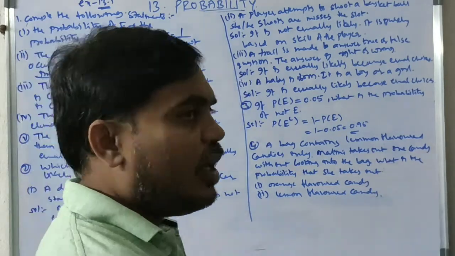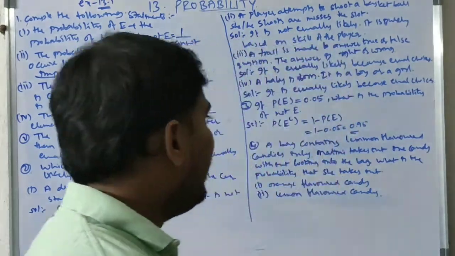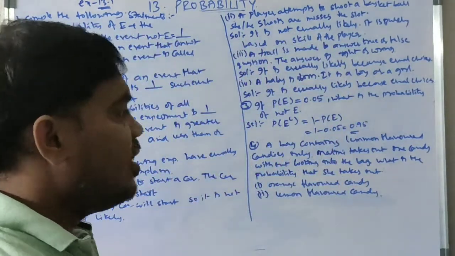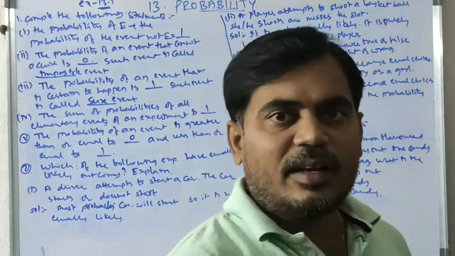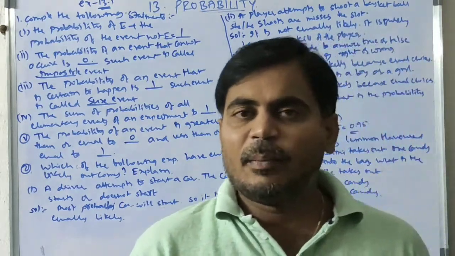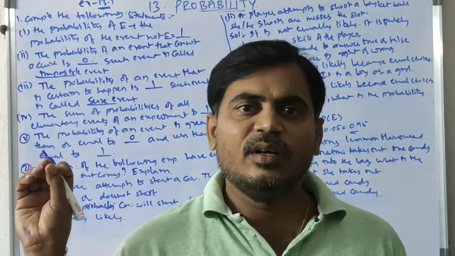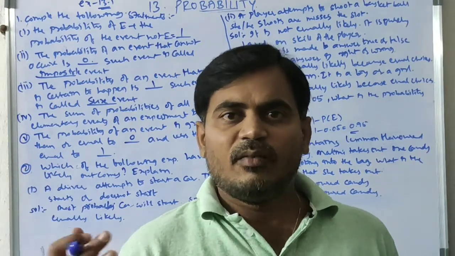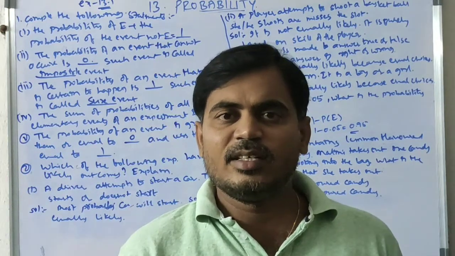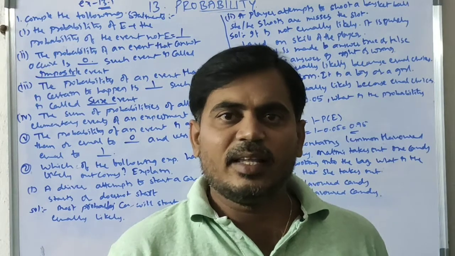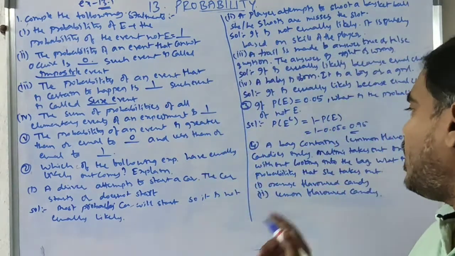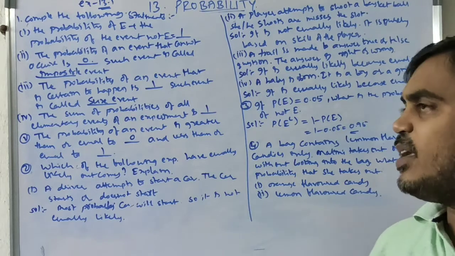So a bag contains completely lemon flavored candies. Malini blindly takes out one candy without looking in it. So what is the probability that she takes out an orange flavored candy, or a lemon flavored candy?